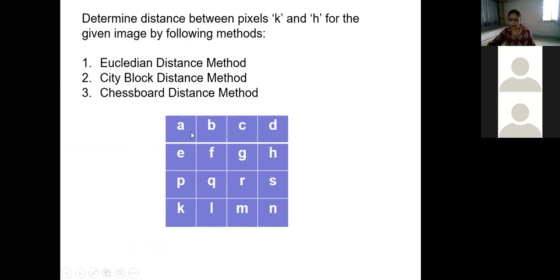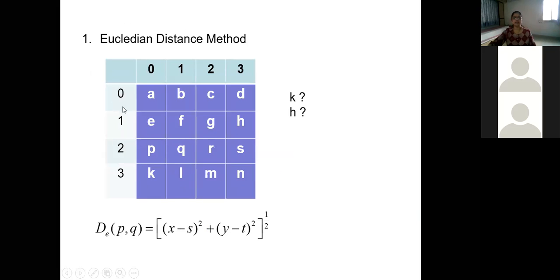In order to determine this distance, let us first determine the coordinate values for pixel K and pixel H. These are the x coordinates 0, 1, 2, 3, and these are the y coordinates 0, 1, 2, 3. So the coordinate value for A is 0, 0, for B it is 0, 1, and so on. For K and H, the first step is to determine the coordinate values.